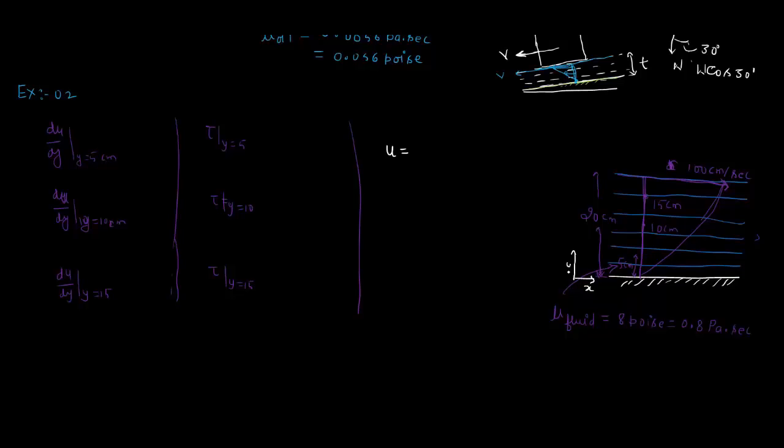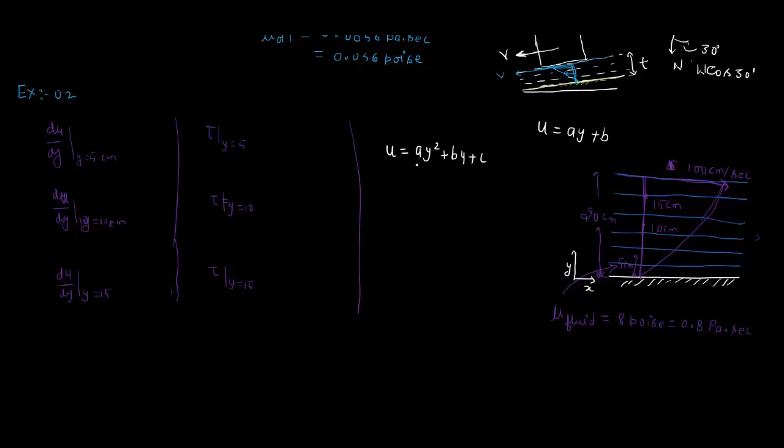So u equals a y square plus b y plus c. This is a parabolic equation. If it were a linear variation, we could write u equals a y plus b, so u is a linear function of y. Now in this case u is a parabolic function of y, with square terms.